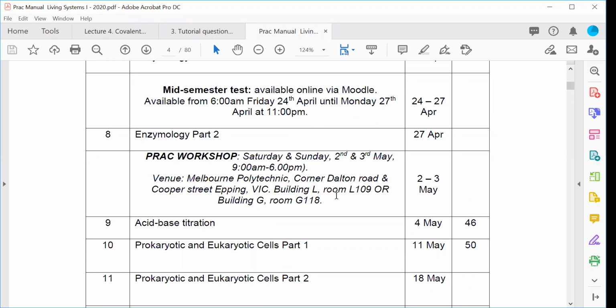This will change, but we will use this lab in L109, and this lab in G118. And then, of course, I will need to run an extra prac intensive at some stage.